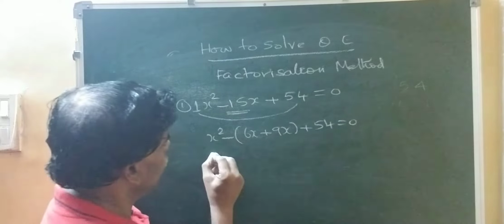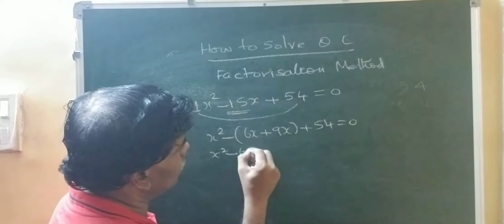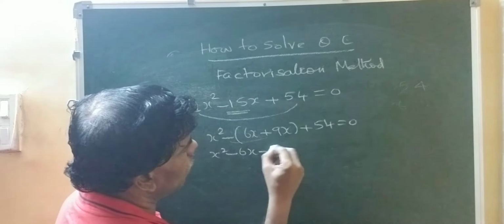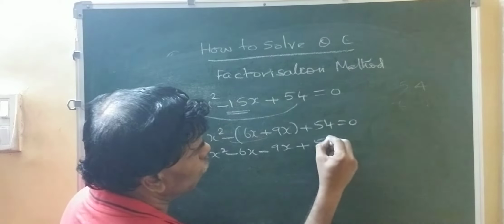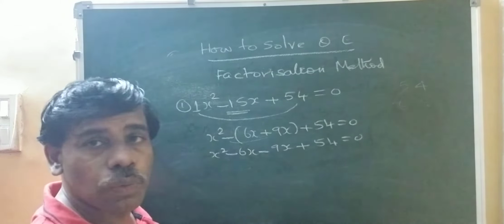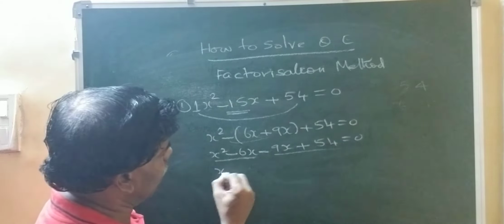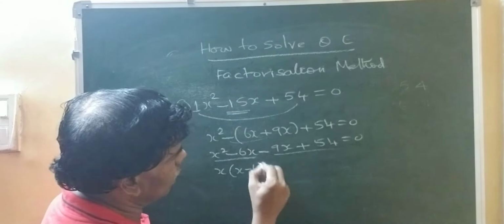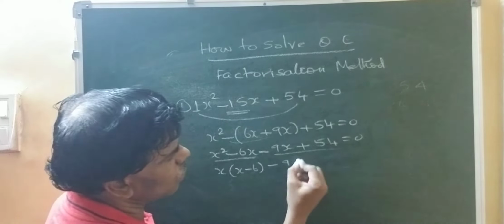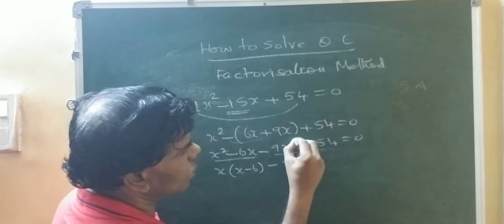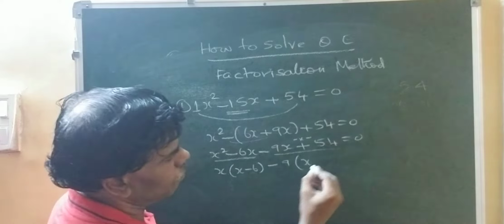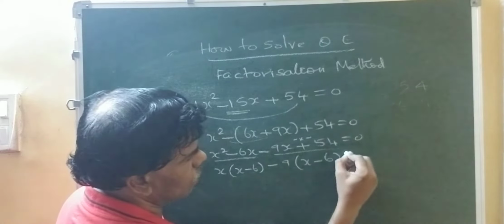Now x square minus 6x minus 9x plus 54 is equal to 0. So okay, what is common here? x. So x into x minus 6. Here 9 is common: minus 9 into x minus 6, since minus into minus is plus, equal to 0.